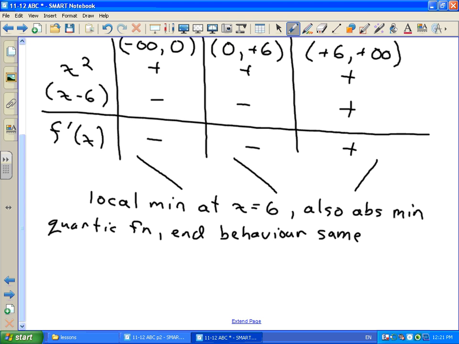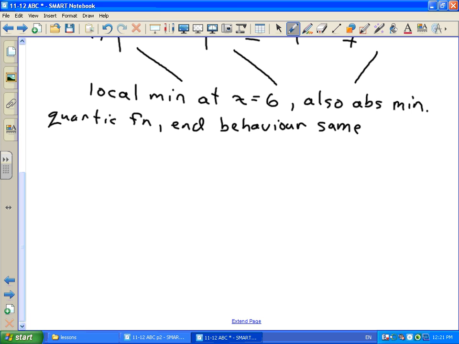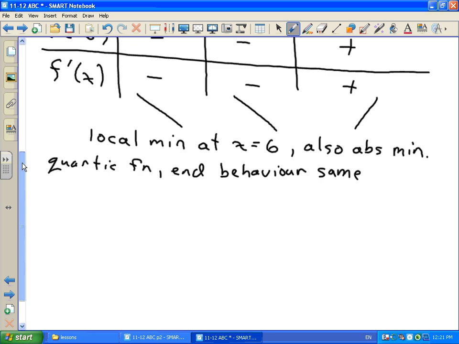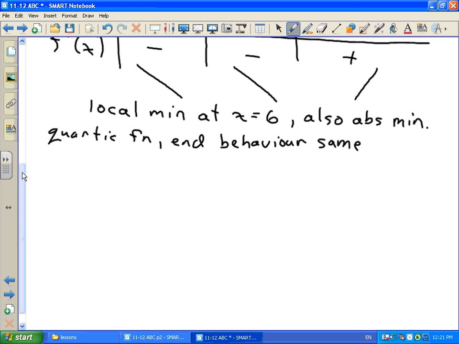Do we have to evaluate for the y value? I think it's enough in this one that we know where the minimum occurs. The reason we evaluated in the previous one was to check which one was our absolute and which one was our local. We don't need to do that here.